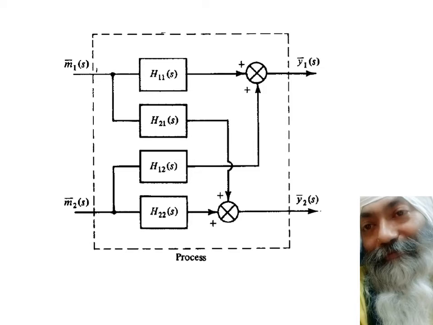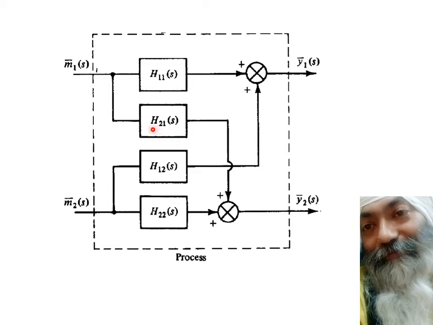But here we see that M1 is not only affecting Y1, but it is also affecting Y2, and this relation between Y2 and M1 is determined by the block H21, because the output is Y2 and input is M1, and as I told you earlier, it's always first output then input.